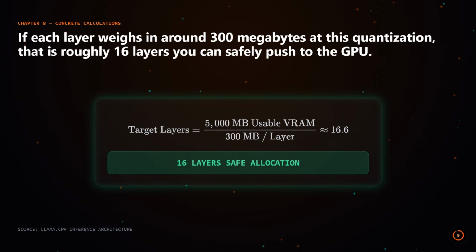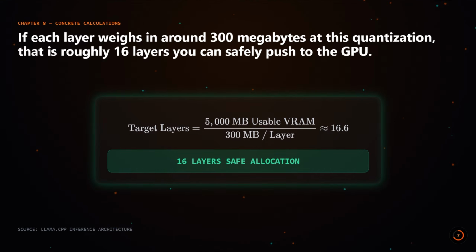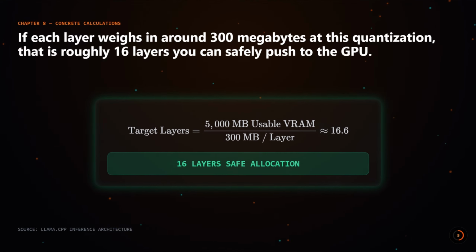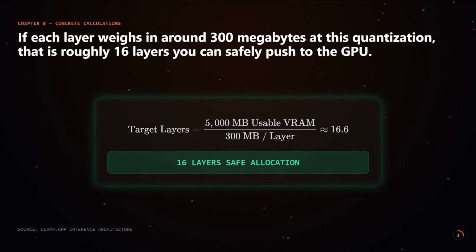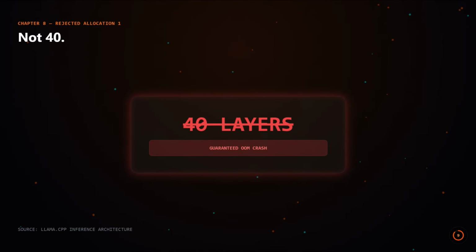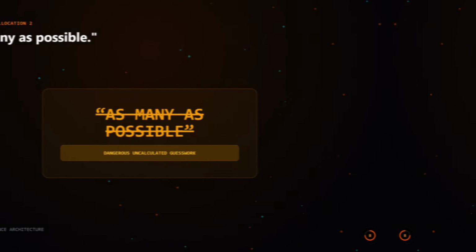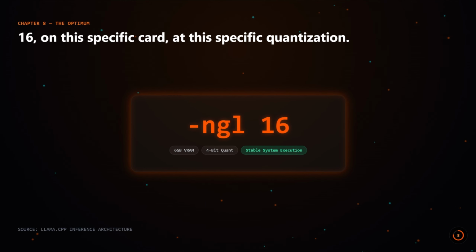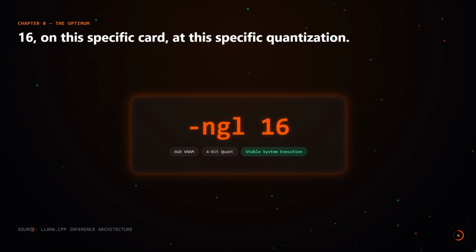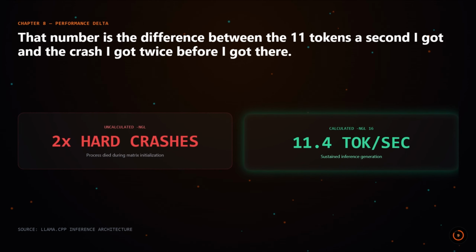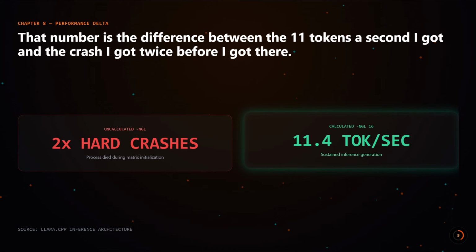If each layer weighs in around 300 megabytes at this quantization, that is roughly 16 layers you can safely push to the GPU. Not 40, not as many as possible, 16. On this specific card, at this specific quantization. That number is the difference between the 11 tokens a second I got and the crash I got twice before I got there.